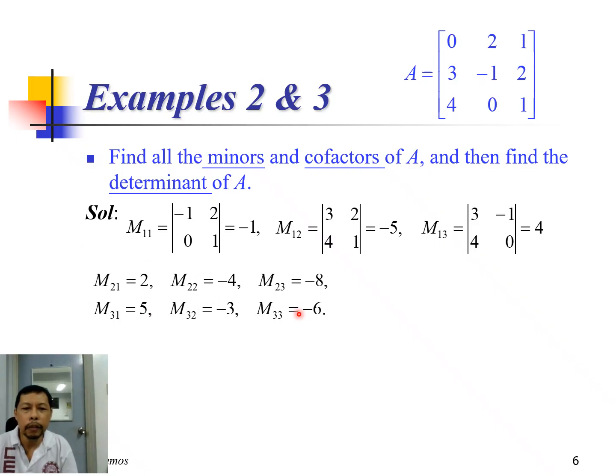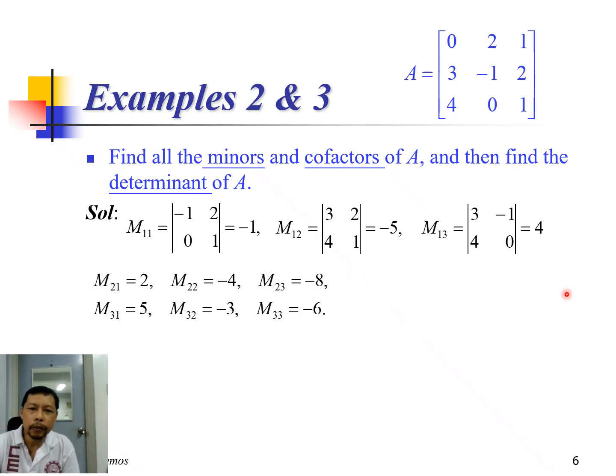These numbers are obtained by taking the determinant of the remaining elements after removing the ith row and the jth column. So there are 9 values, M11, M12, M13, up to M33.